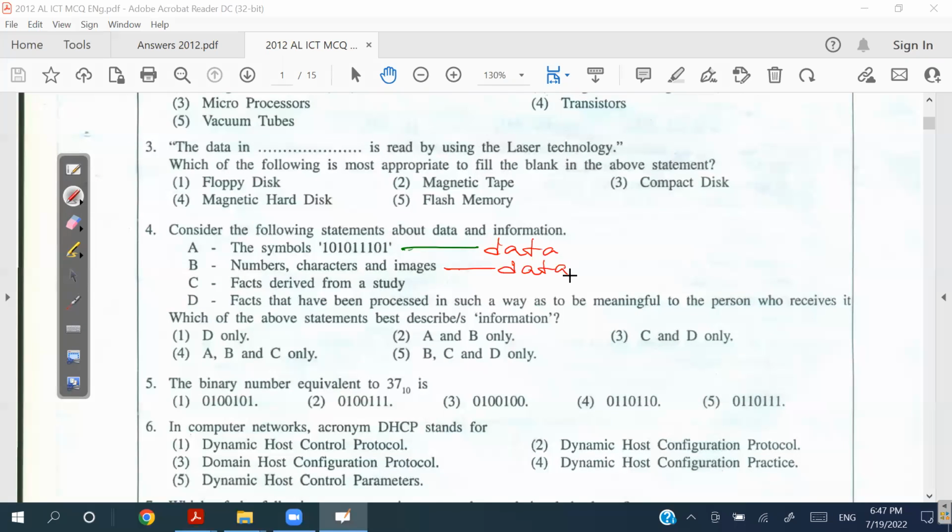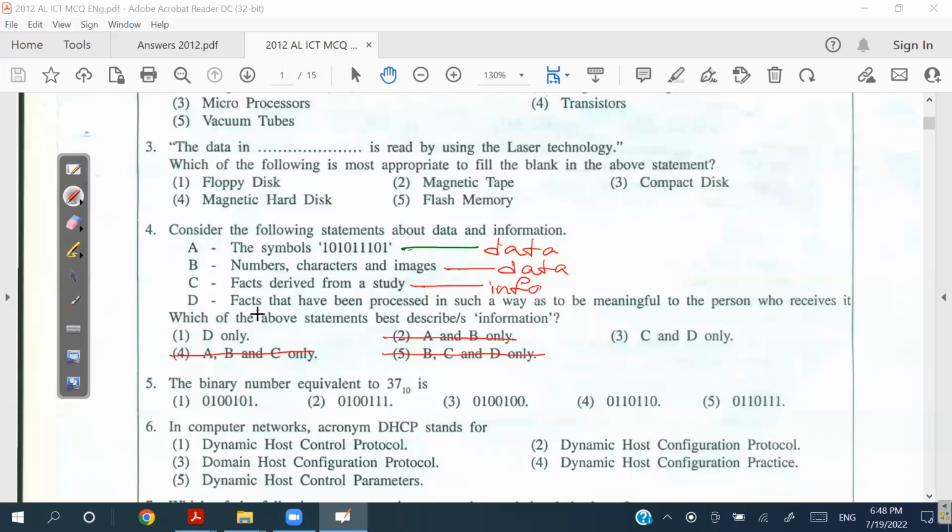That means A and B should not be in the answers. So that means second one is gone, fourth one is gone, fifth one is gone, right? So C says facts derived from a study, definitely an information. If you are deriving something from the study, it's an info. Facts that have been processed in such a way as to be meaningful to the person who receives it.